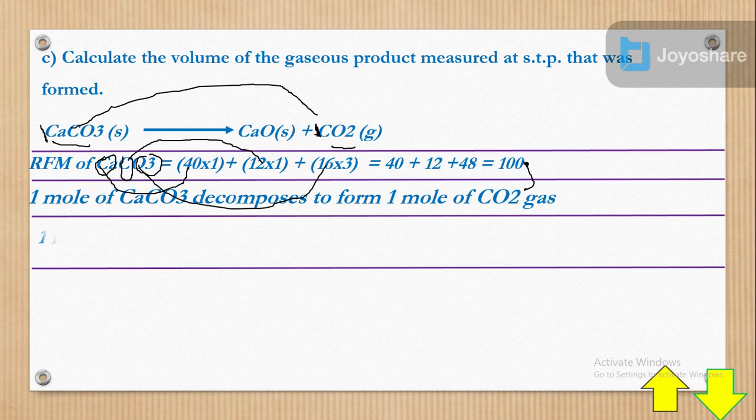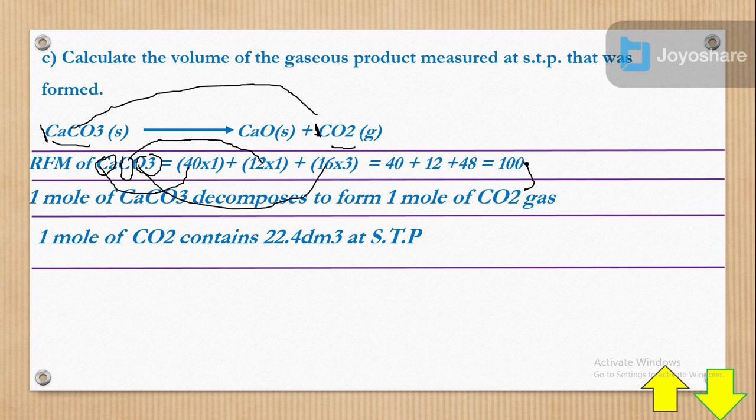Then let's move on. But we all know that 1 mole of a gas has 22.4 decimeters cubed at standard temperature and pressure. Please go to item 1, the beginning part, where we explain where those values come from. They were given on the question paper on top. So 1 mole of carbon dioxide contains 22.4 decimeters cubed at STP.